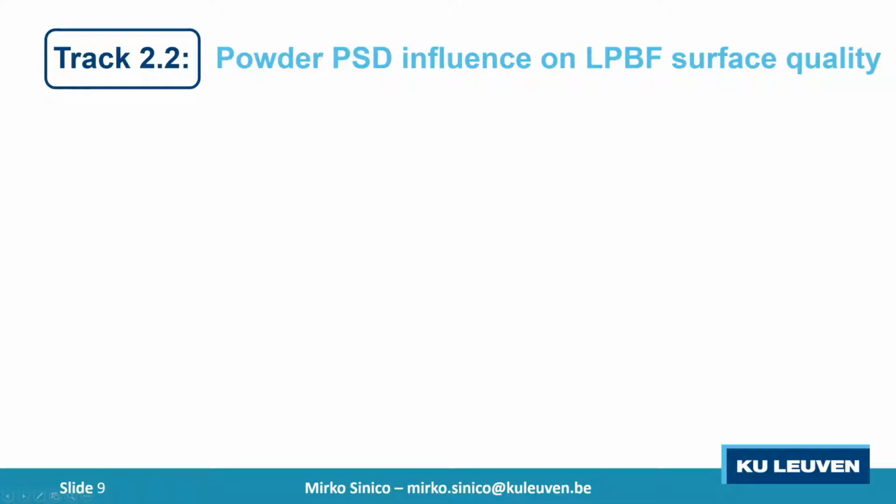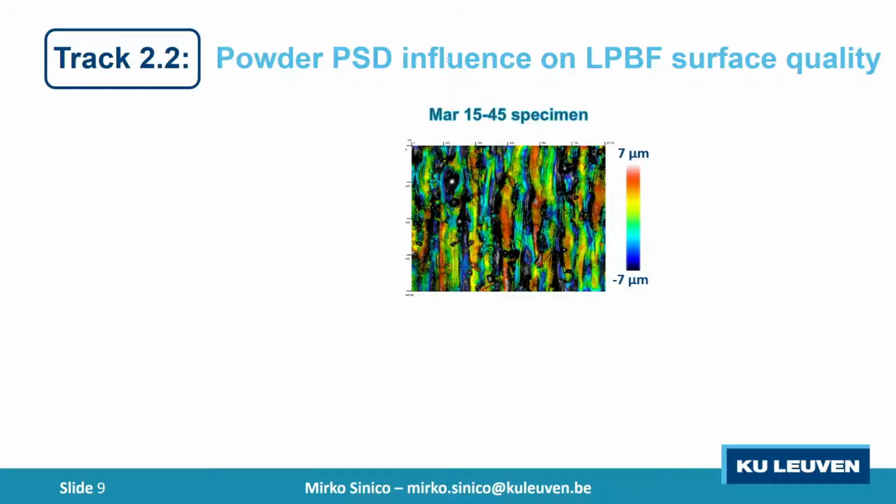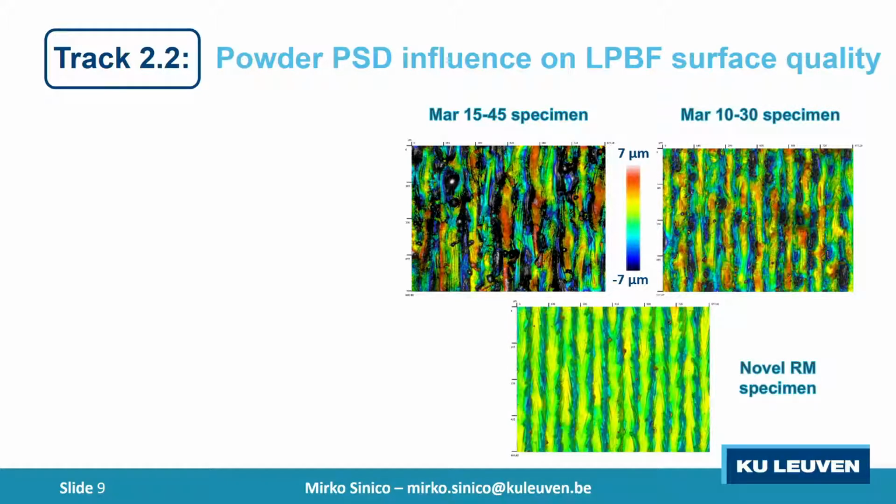At the end, out of the LPBF parameters optimization and powders investigation, we were able to derive optimum processing conditions where, using a selected distribution of powder, not only did we decrease the surface roughness by more than half compared to the industrial batch standardly used in industry, but we also derived novel remelting strategies specifically for finer powder distribution to further increase the surface finish.